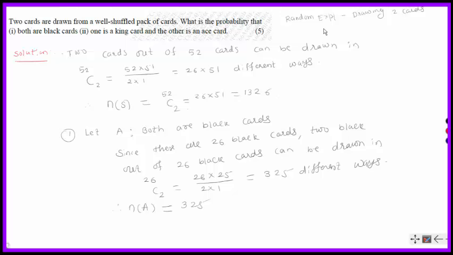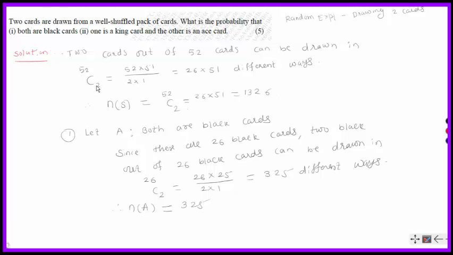So how many total outcomes does this random experiment have? The total number of outcomes is equal to the number of ways of drawing 2 cards out of 52 cards. There are total 52 cards and the number of ways of drawing 2 cards is 52C2.